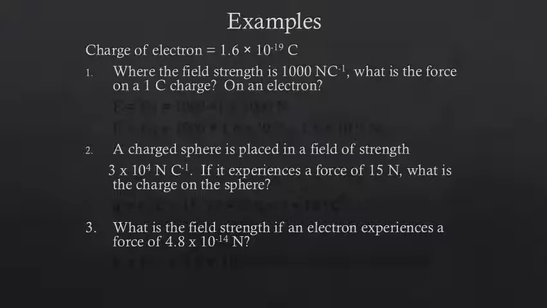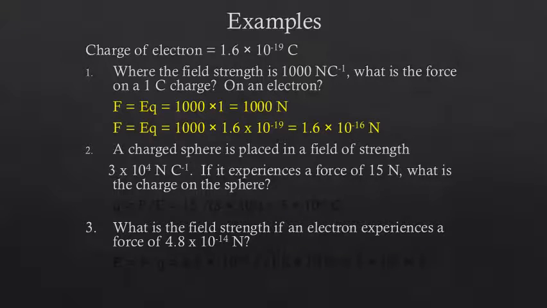So here's a few examples using this equation. The charge of an electron is 1.6 times 10 to the negative 19 coulombs. The field strength is given for this particular question as 1000 newtons per coulomb. What is the force on 1 coulomb of charge, or even on an electron? So force equals E times Q from the equation, which is going to be 1000 times 1 for the first example where the charge is 1 coulomb.